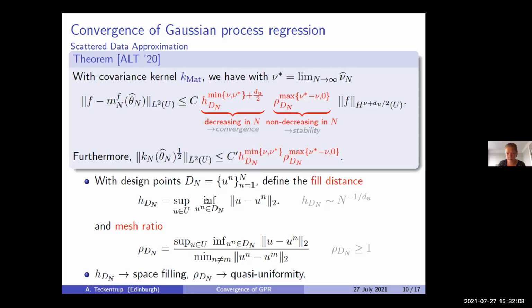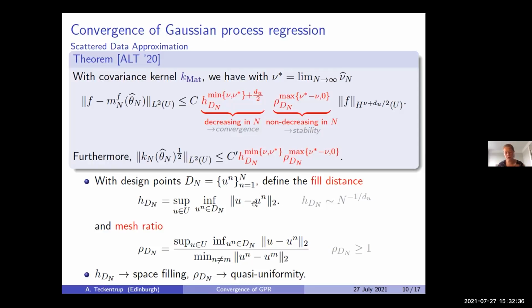This quantity, the fill distance, usually goes to 0. If you want it to go to 0, then you have to make sure that you choose what's called a space filling design. That means that you have to put points everywhere in your domain U. If there's part of U that you're leaving out, then your fill distance is not going to go to 0.